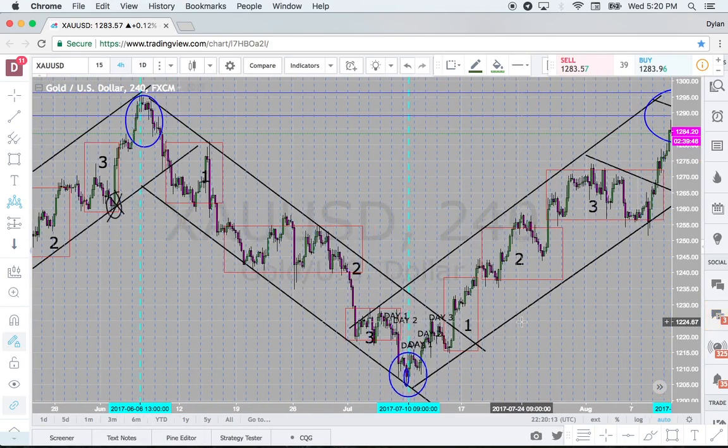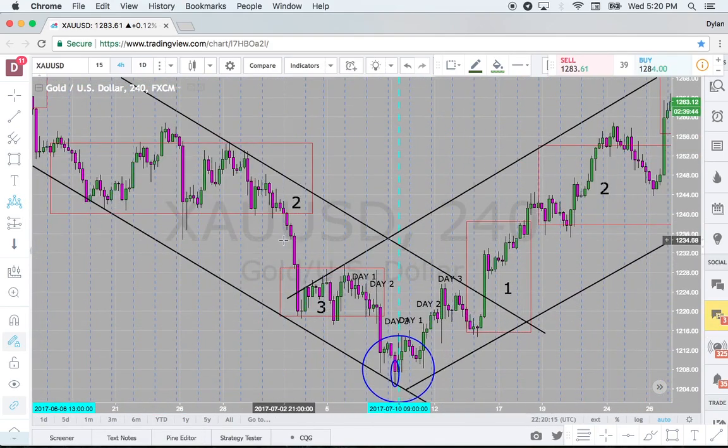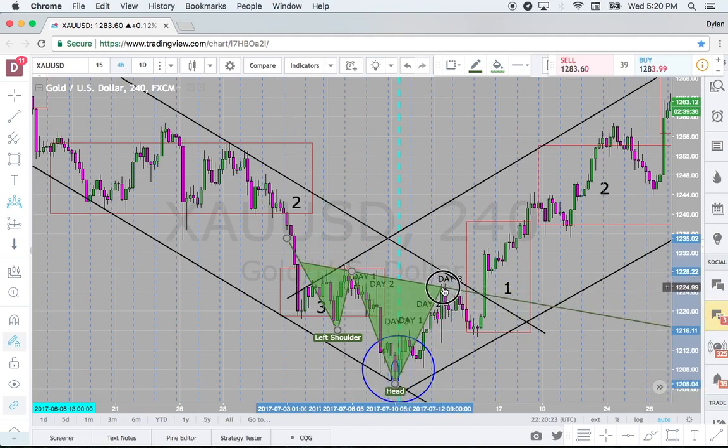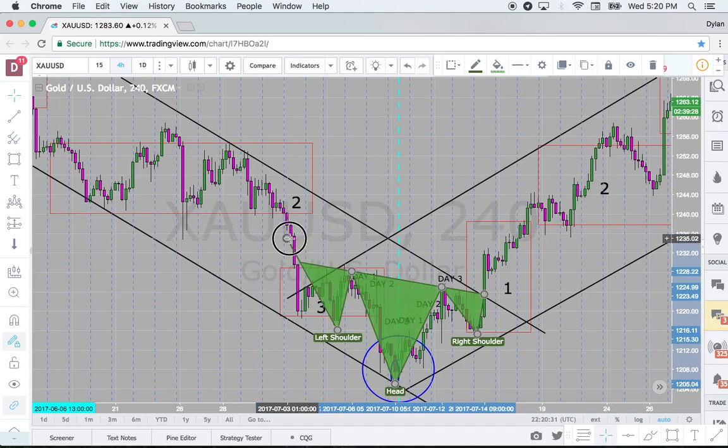Here's our head and shoulders tool. We're going to take it and draw out our head and shoulders. Now, do you notice anything?